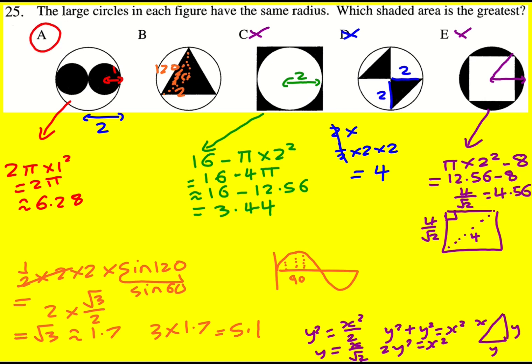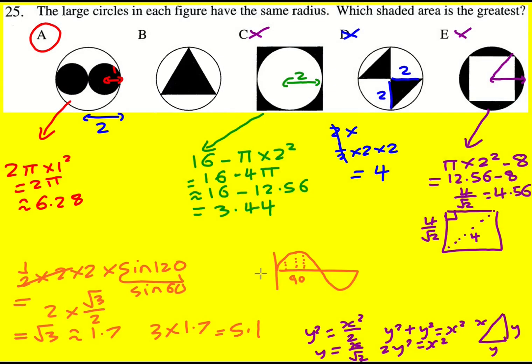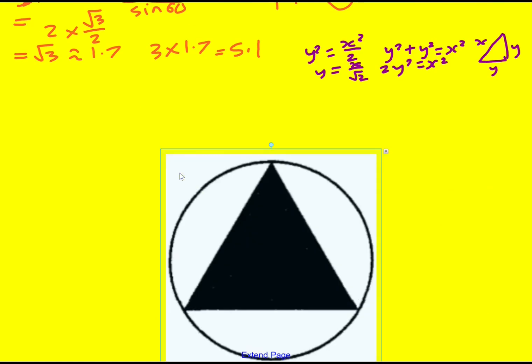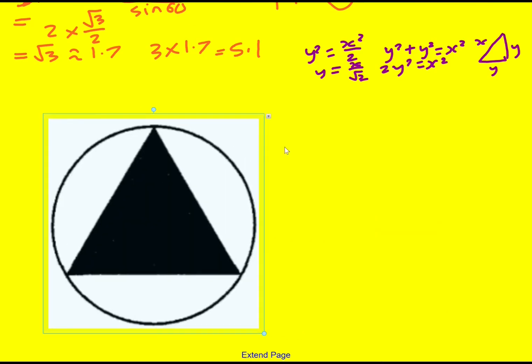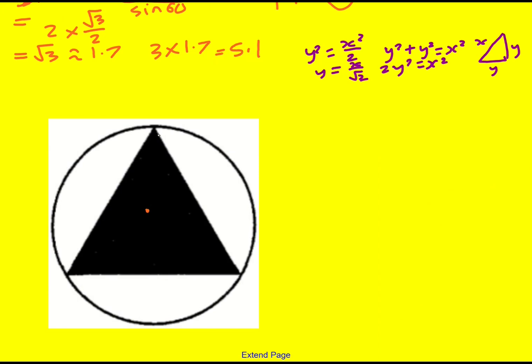Now let me go through that in a different way because I feel like what I just did there was very quick. For B, I'm going to try and not use non-right-angled trig. I'm going to do it without, to demonstrate that we can, in fact, do that. Okay, so method 2, I am again going to draw this in.